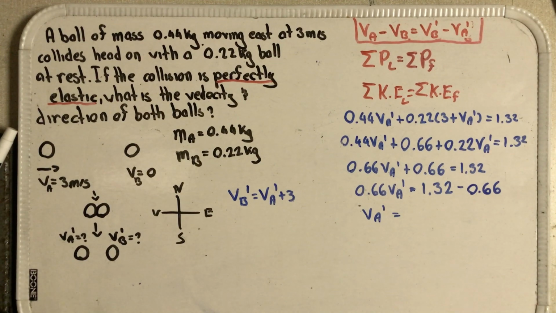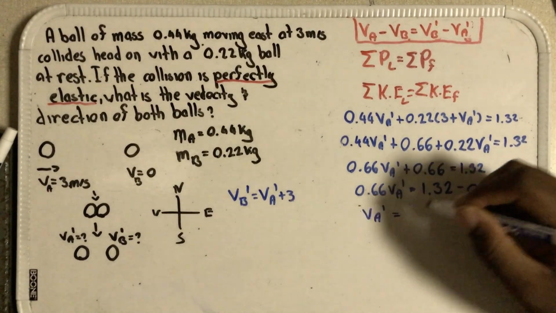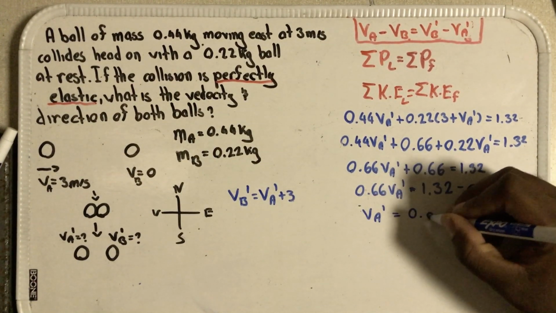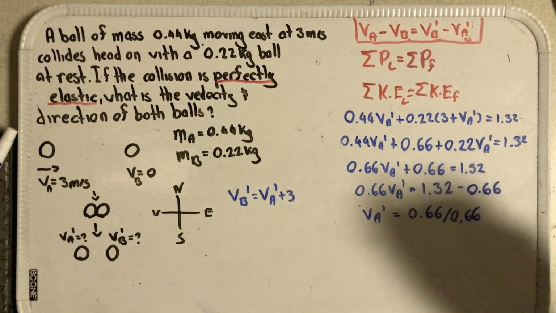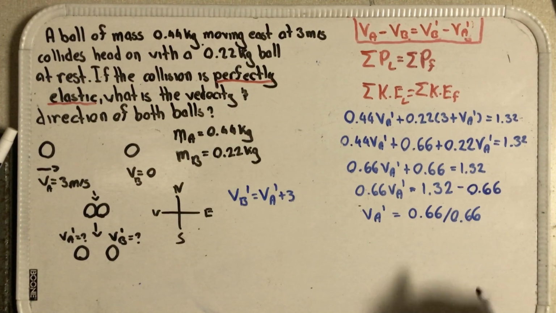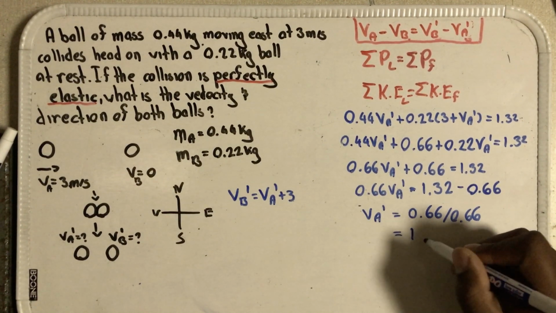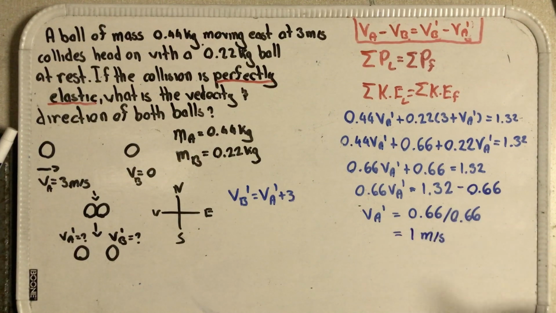Just to confirm, you can stick 1.32 minus 0.66 in your calculator, and that should give you 0.66. So you end up with 0.66 divided by 0.66, which leaves you with positive 1 meter per second. So it tells you that ball A continues moving east. However, its velocity is now 1 meter per second.